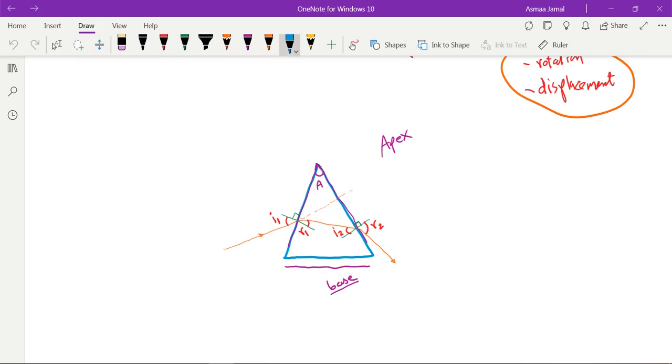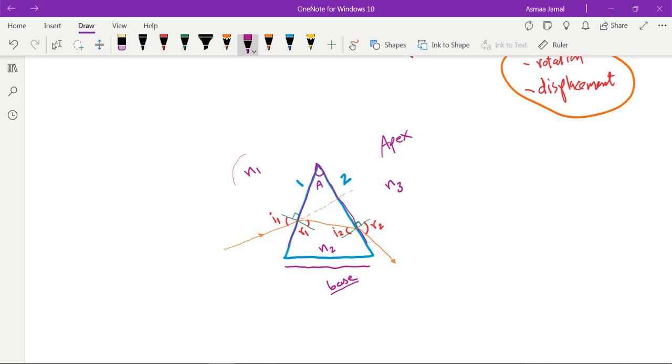So in the prism, the light will refract at the first surface, then at the second surface. This is the first medium, with the first refractive index, and the prism has a different refractive index, then the light will refract to the third refractive index.